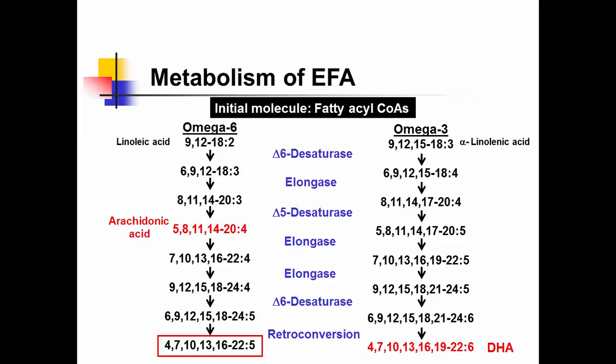So you don't have to remember all the details, but just get a sense that the other family members of the fatty acids can be synthesized from linoleic acid through desaturation and elongation steps, right?